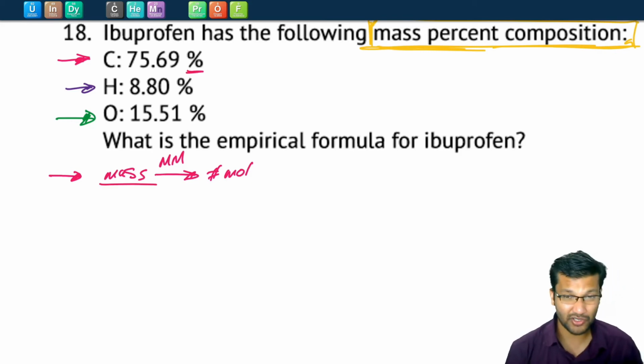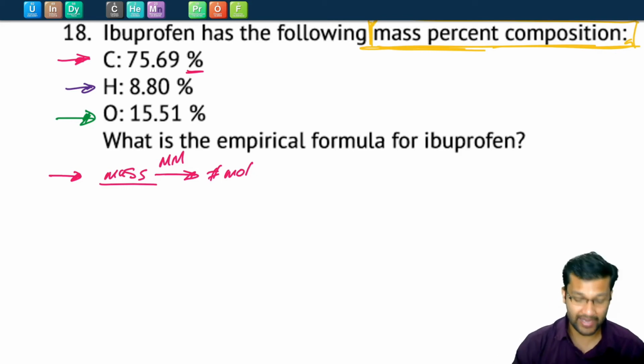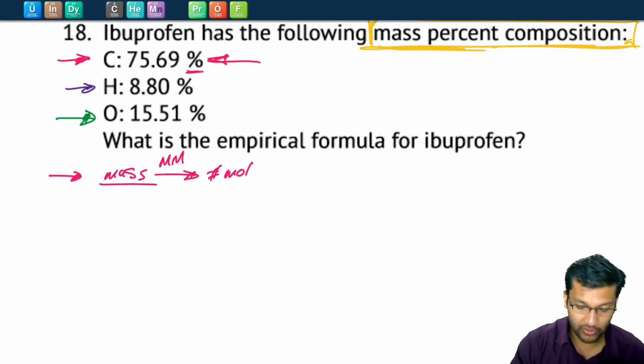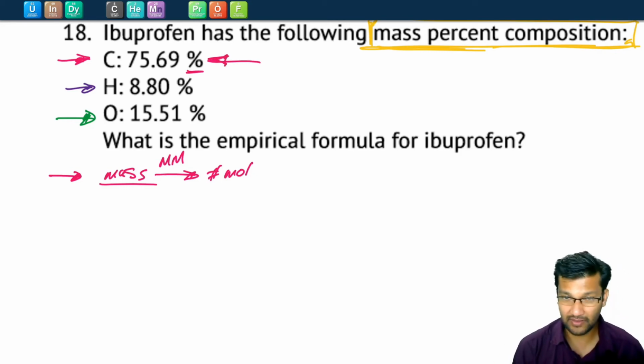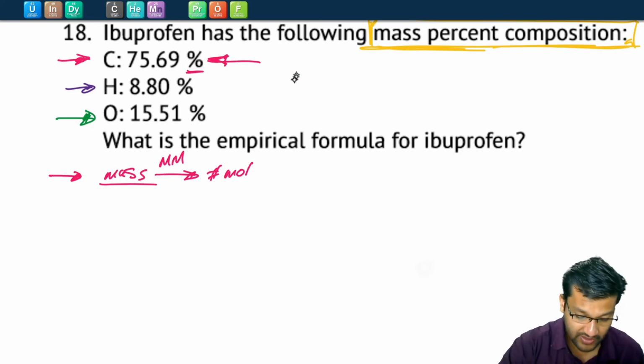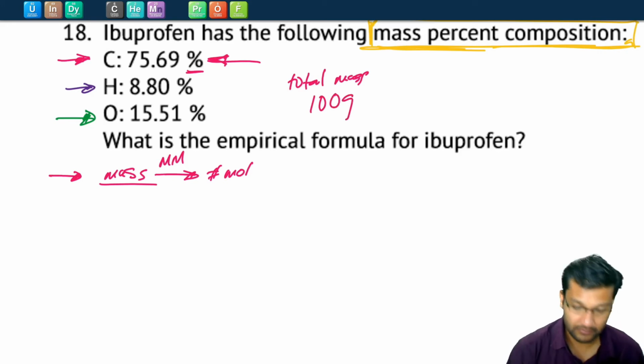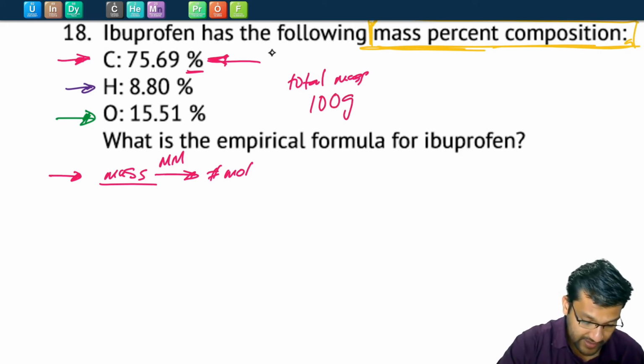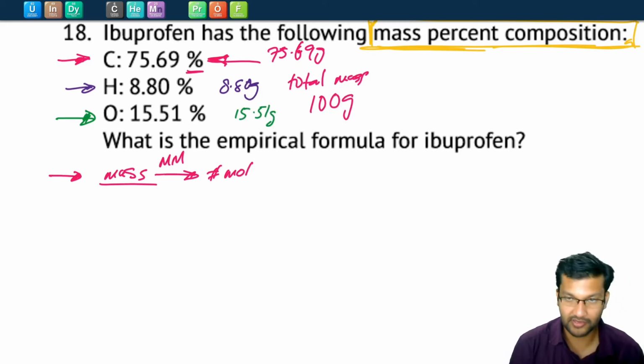So the easiest trick here is just to assume that you're applying these percentages to some total mass. And to make the math easier, we can assume that the total mass is just 100 grams. If the total mass is 100 grams, then you have 75.69 grams of carbon, 8.80 grams of hydrogen, and 15.51 grams of oxygen.